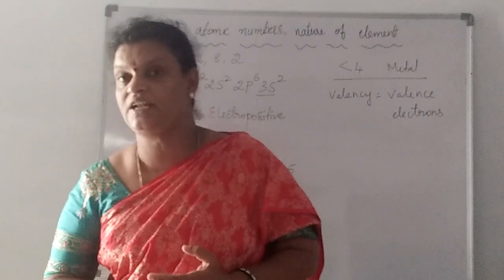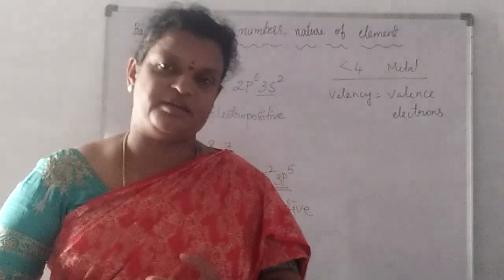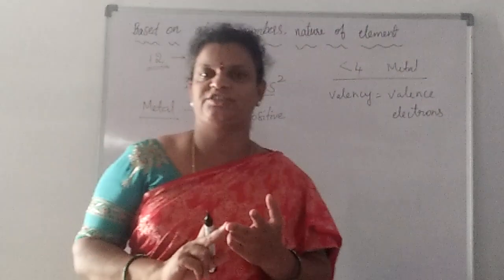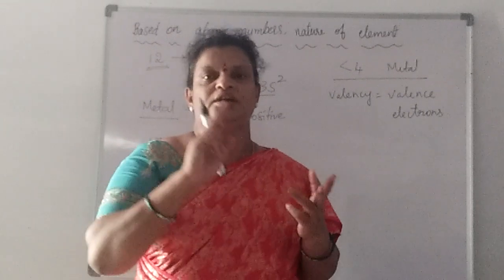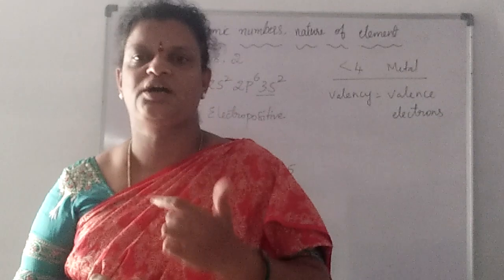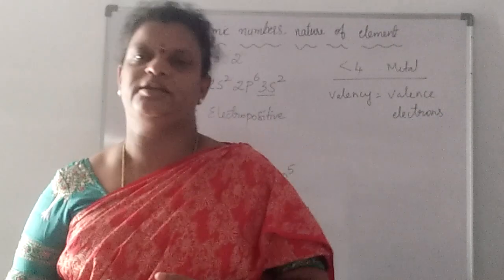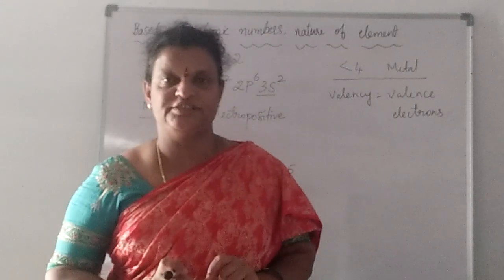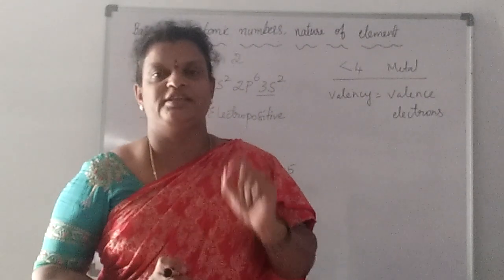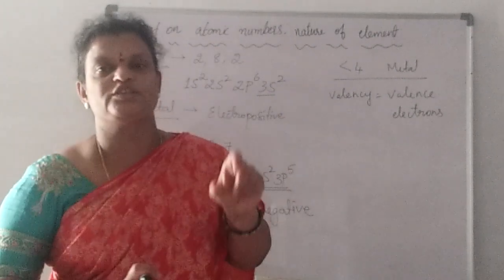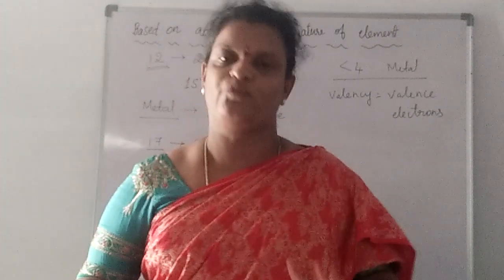What is the valence shell? Outermost shell, ultimate shell, last shell. All these words are the same: last, outermost, ultimate, and also valence shell. So the number of electrons present in the valence shell is nothing but the valence electrons, and the number of valence electrons is equal to the valency when electrons present in the last shell are less than 4.